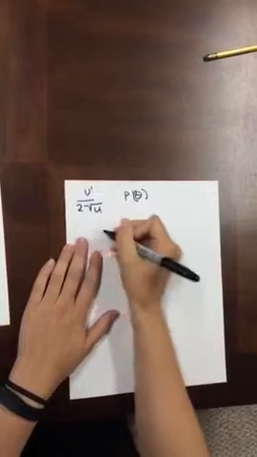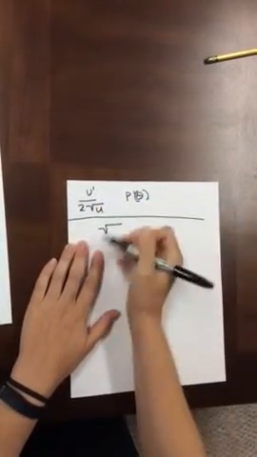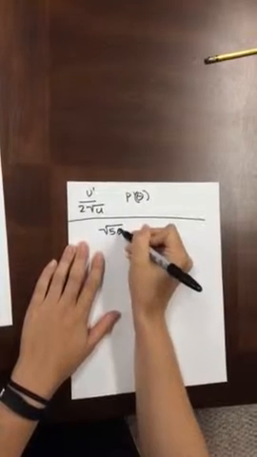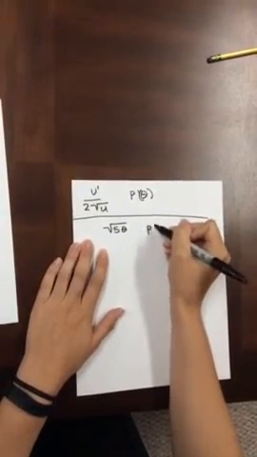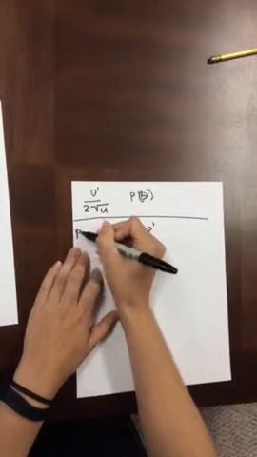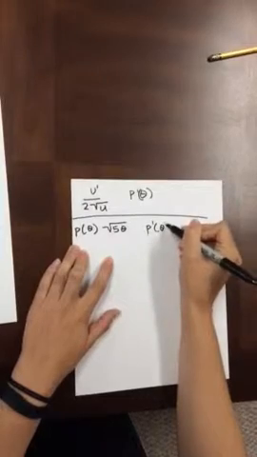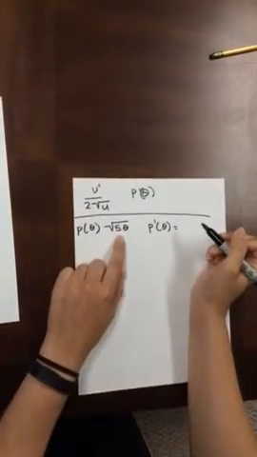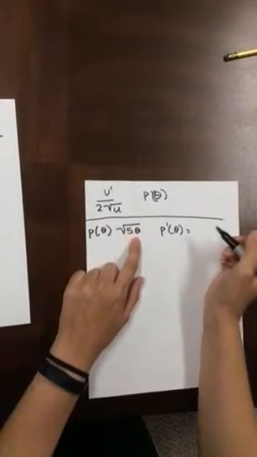So we have the square root of 5θ. Following our rule to find P prime, since that's P(θ), P'(θ), we take the derivative of what's under the radicand, so the derivative of that is just 5.